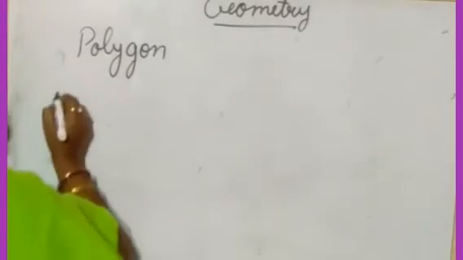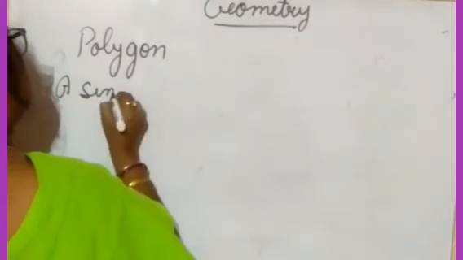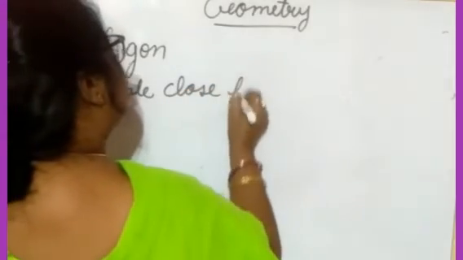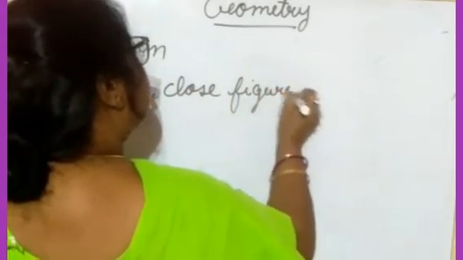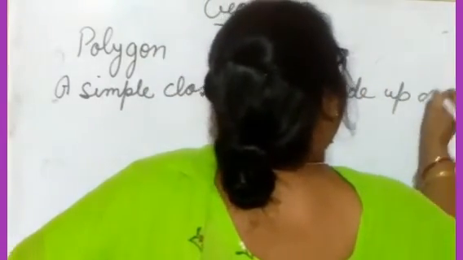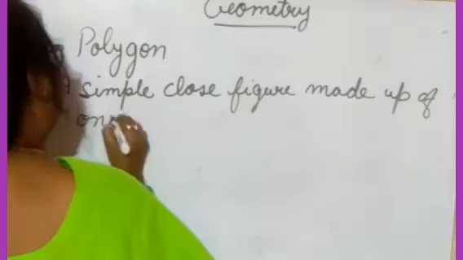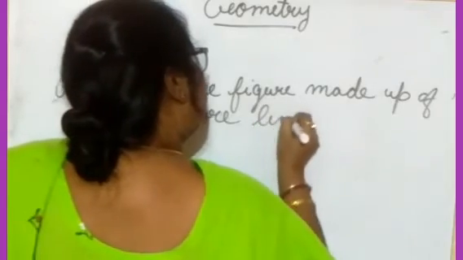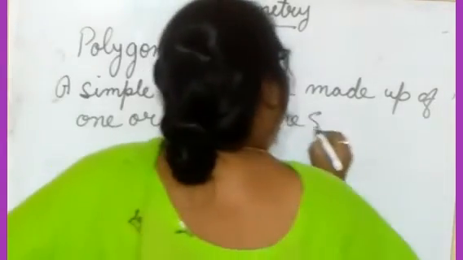A polygon is a simple closed figure made up of 3 or more line segments.